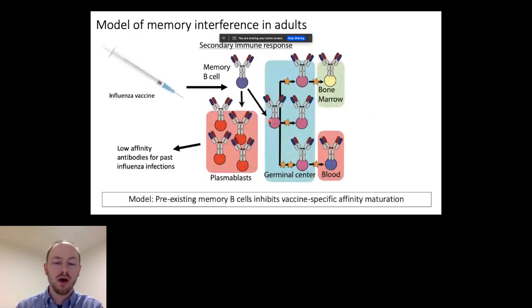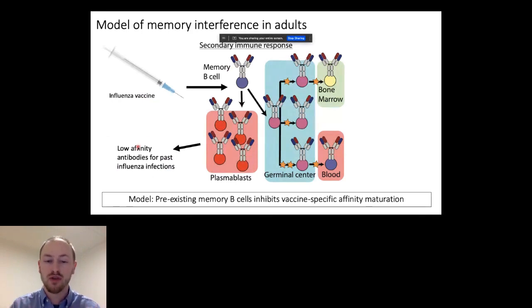And one model for why this is that pre-existing memory actually interferes with our ability to mount new responses to influenza vaccines. So the idea is that when we give someone an influenza vaccine, we're actually stimulating memory B cell lineages, most of which immediately differentiate into plasmablasts, which release low affinity antibodies for past influenza infections.